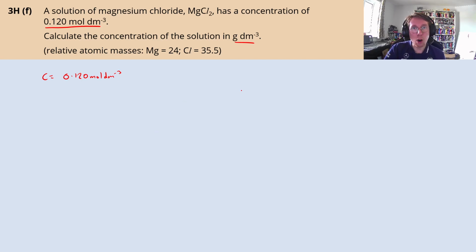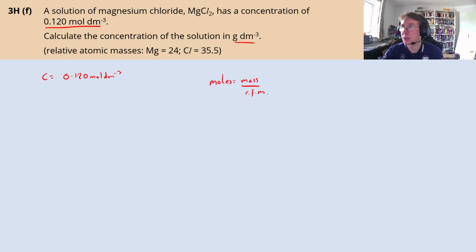Now again, this requires us to remember that equation that relates moles with mass with relative formula mass. So moles is equal to mass in grams divided by the relative formula mass. That's all well and good. We're happy with that.